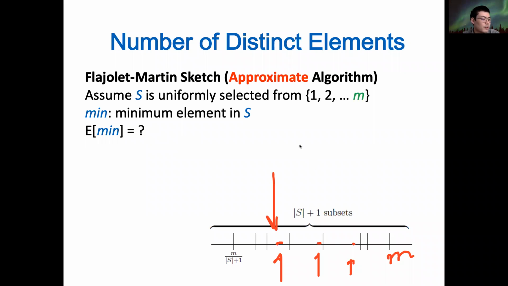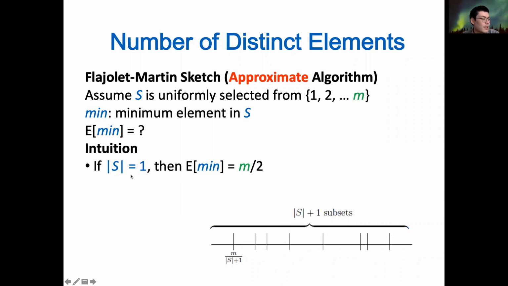This will be m by 4. You have 3 items, so this is 1 segment, 2 segments, 3 segments, 4 segments. If you have 3 items, you add 1 and it becomes 4. So this is the value here, m by 4. This is the intuition that we are looking at.